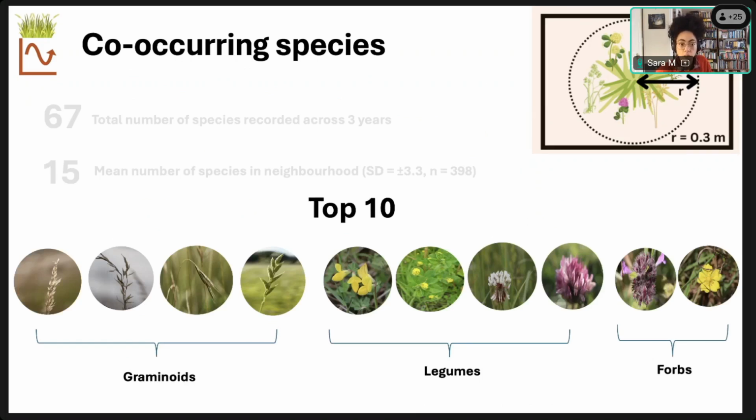In terms of the top 10 species, we have the graminoids here, and some lovely legumes and forbs as well. These species remained largely stable across the years, which has similar results to the community results that I shared before.